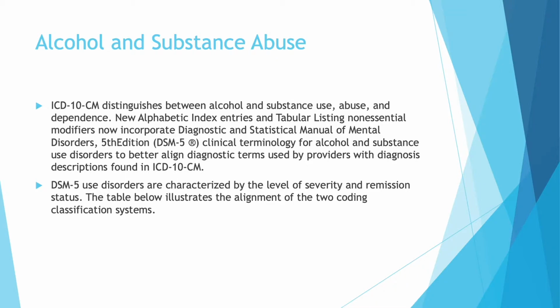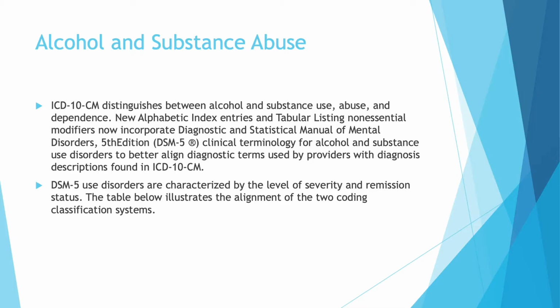And the ICD-10-CM book also uses an assistance with the DSM-5. It provides the clinical terminology for alcohol and substance disorders that help better align the terms between those two coding manuals. And DSM-5 disorders are categorized by the level of severity and remission status.